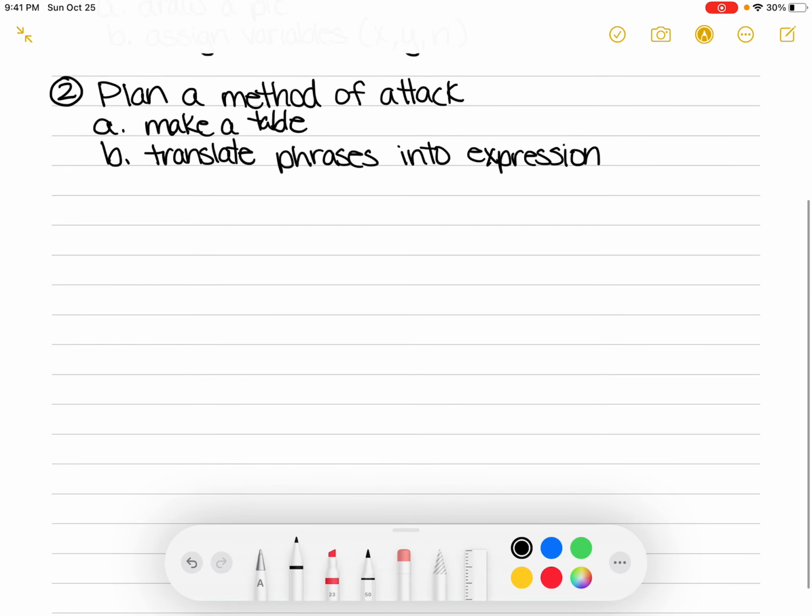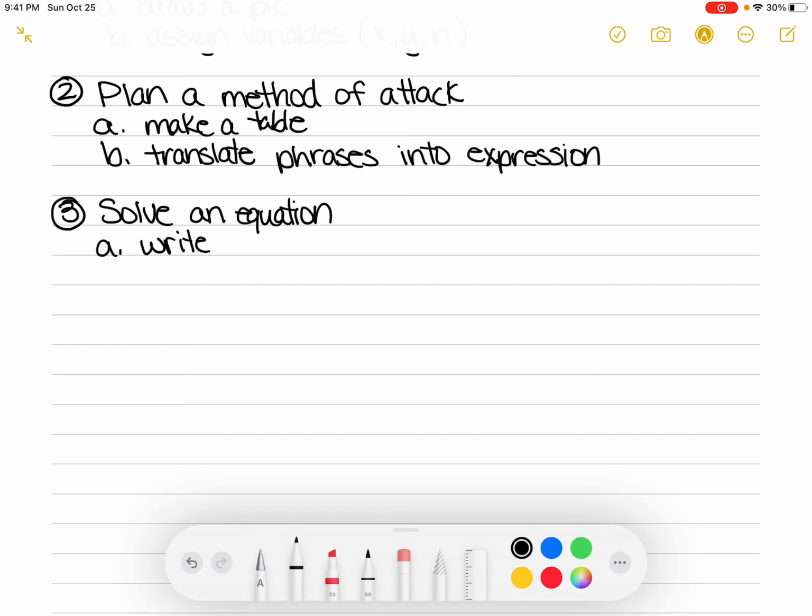Number 3, what I want you to do is actually solve an equation. The first thing you're going to have to do is write the equation. These will all be equations, so they'll all have an equal sign in them. Then part B is solve it.